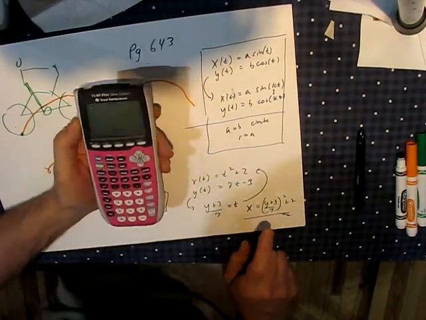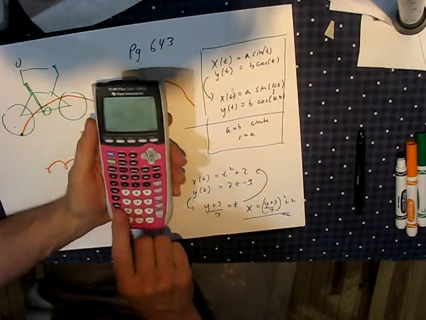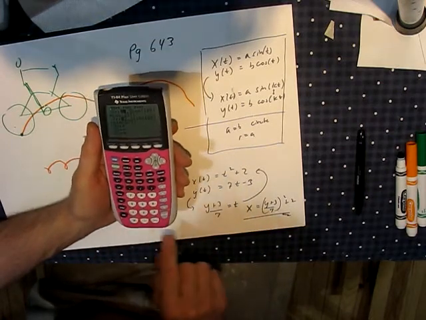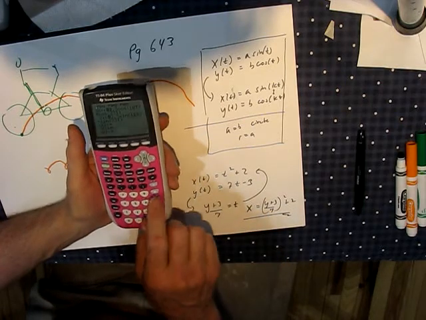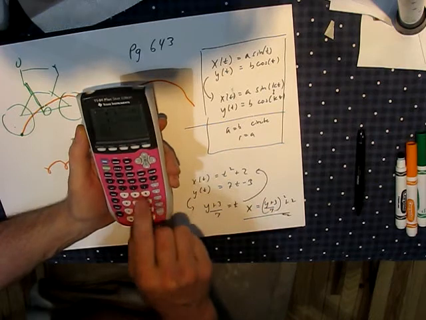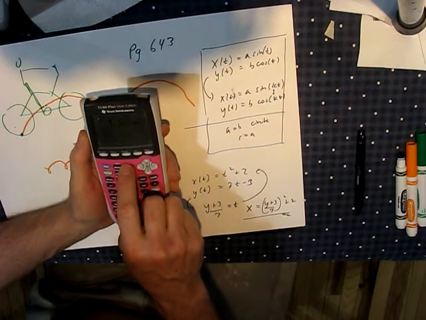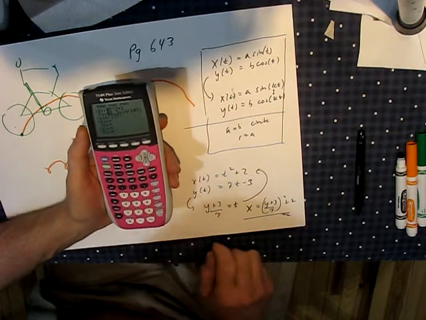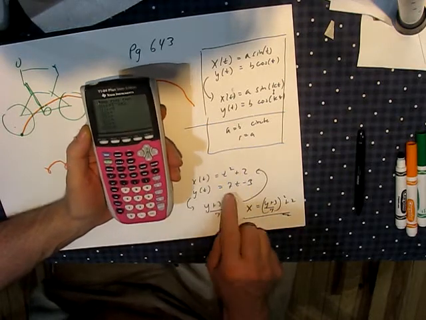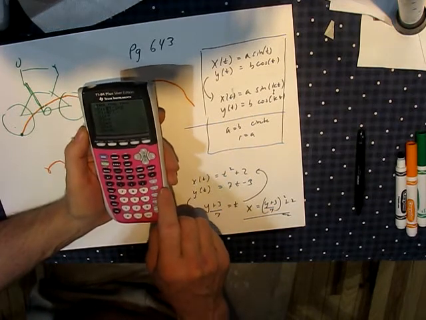First, instead of looking at it this way, I can go to my graph parametrically. And I can say, let's put this in. Let's put x of t equals t squared plus 2. And then y of t, I'm going to make 7t minus 3.